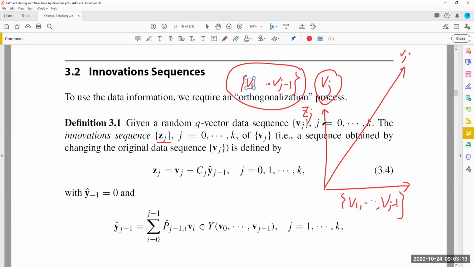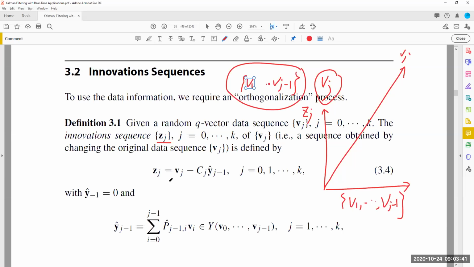We can see that Zj is orthogonal to all the vectors, the linear combinations of V1 until Vj minus 1. And it can be constructed in this way.